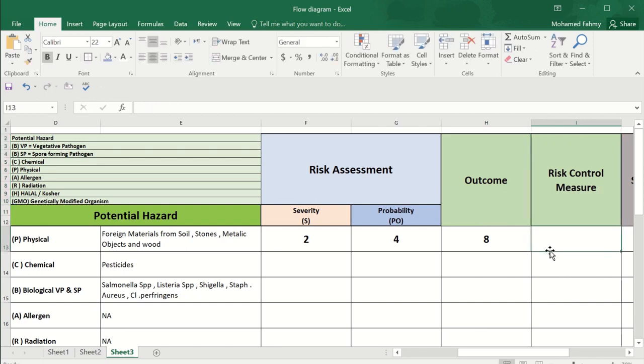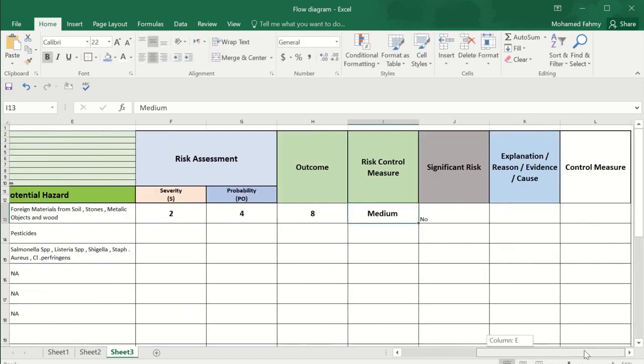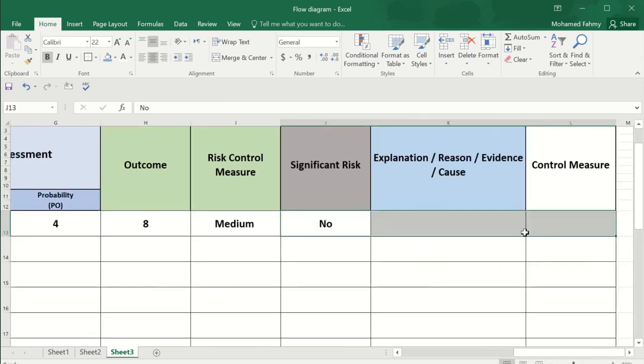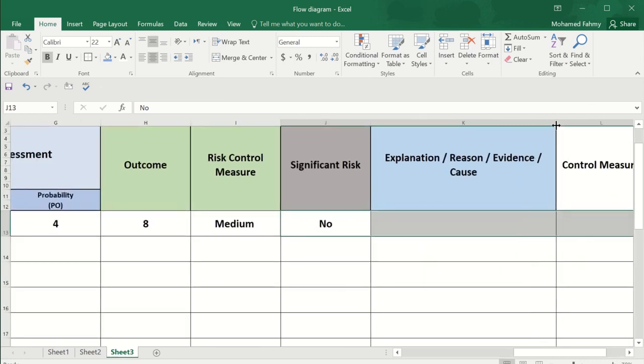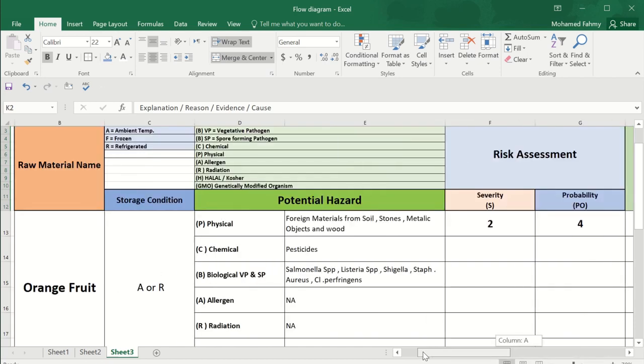So 8 will be medium risk. Significant risk, no, it's not a significant risk. So why is it not a significant risk? This is very important. The explanation of this physical hazard.